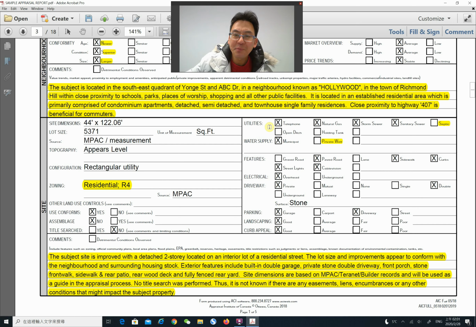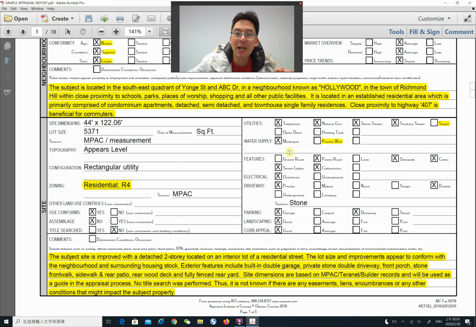Here I highlight 2 things you have to look at. Most of the time for a newer house, it would be normal. But if you're doing a mortgage on a property in some rural area, it may have a septic tank. If you do not know what a septic tank is, go Google it.